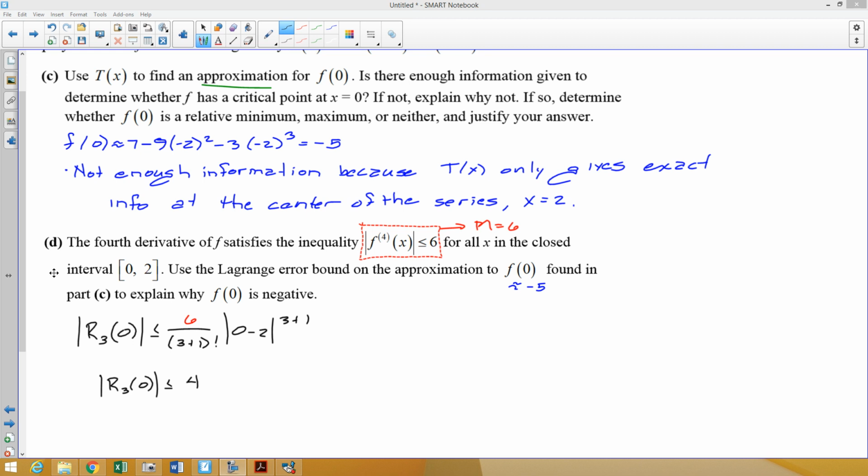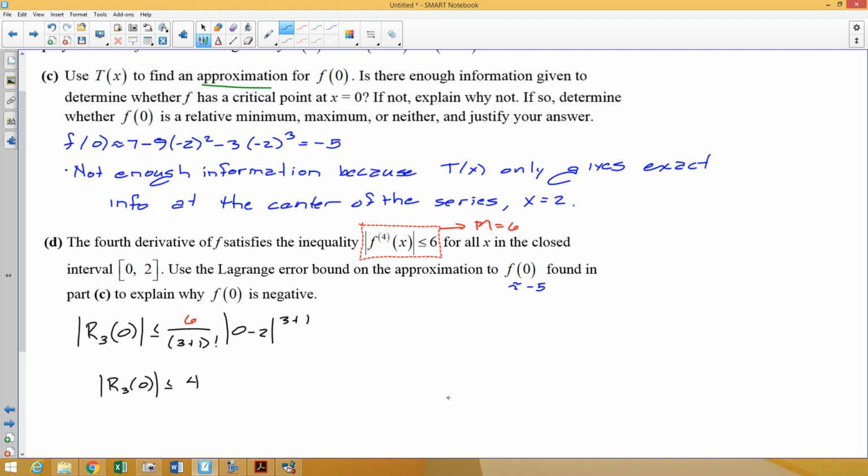Then we need to use that to explain why the value of f of 0 is negative. Now remember, my Taylor polynomial gave me an approximation, and my approximation was negative 5. So if I want to know why my function must be negative, well, if I got an estimate of negative 5 and the largest possible error is 4, that error is not enough to bring negative 5 up into positive numbers.